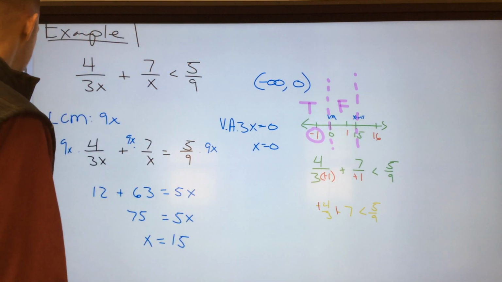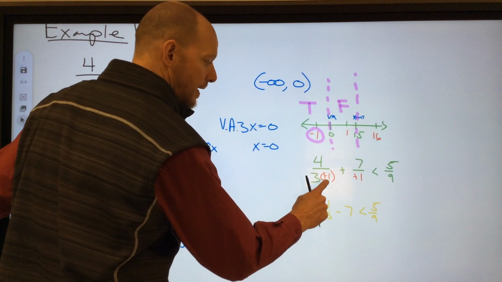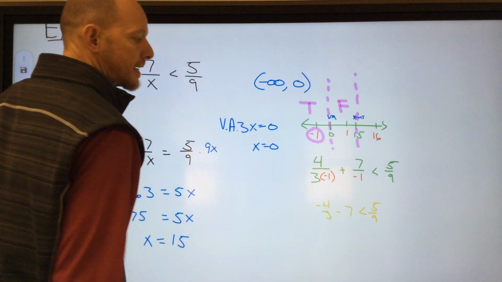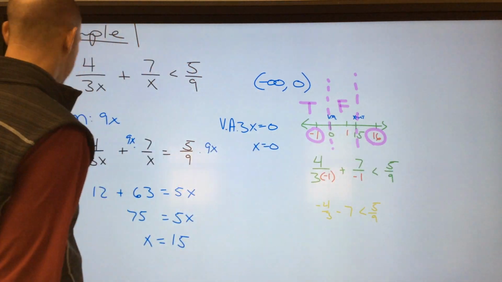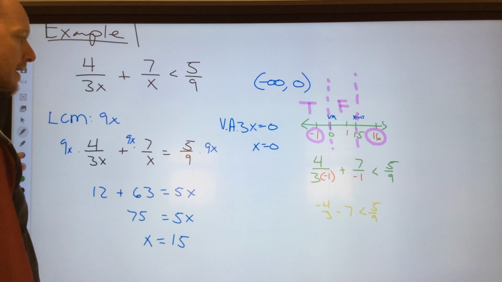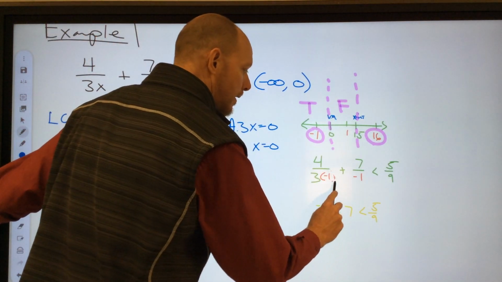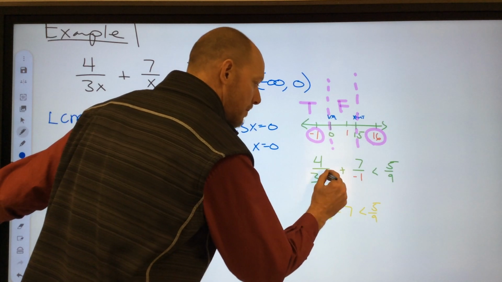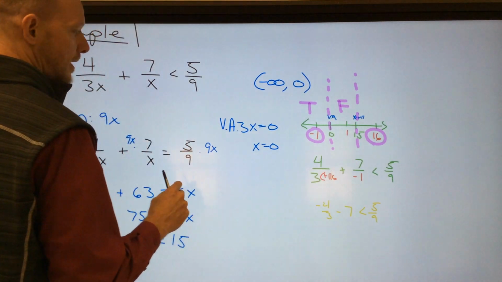And then finally, I'm going to go ahead and substitute in a 16 into here. And again, where does the 16 come from? Well, I just picked the number that's the next biggest number than 15. So if I substitute this in, now all my red numbers here become a positive 16.